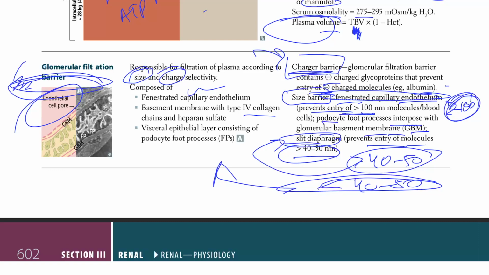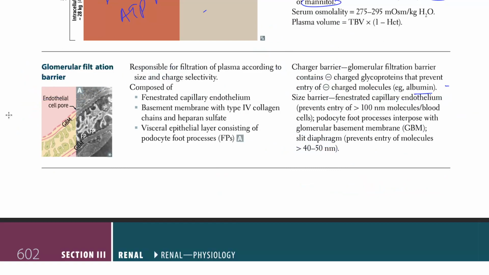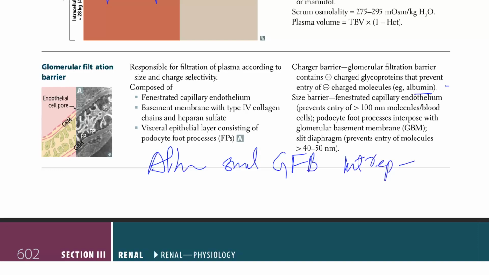Right? And some other points to remember: albumin, because of its small size, can cross the glomerular filtration barrier, but the only problem is it is repelled by the negative charge of the heparan sulfate.